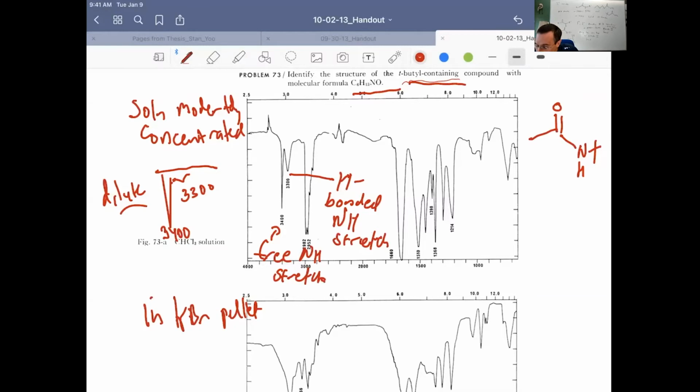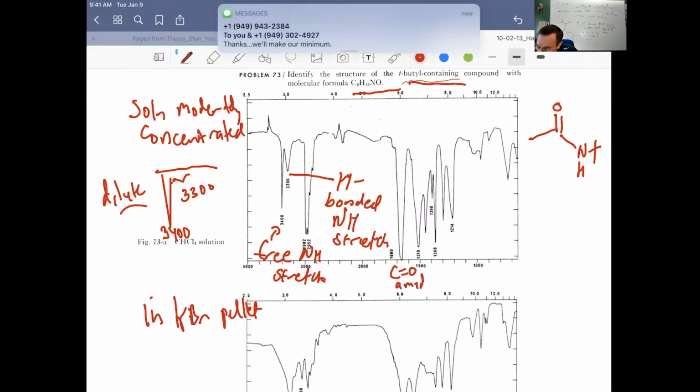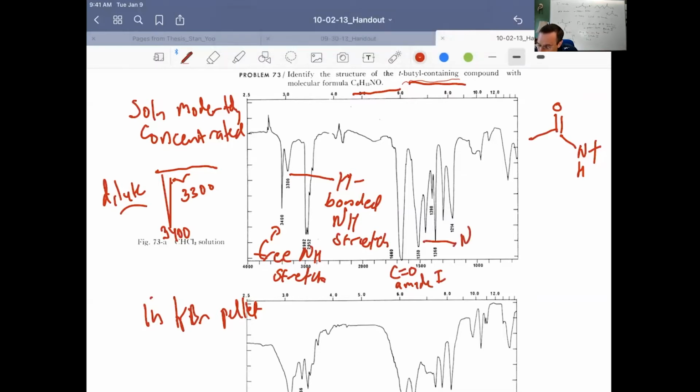Then you have, this is your carbonyl, your so-called amide 1 band. And this is your NH bend, your so-called amide 2 band. So these are some of the typical features you might see in an amide.